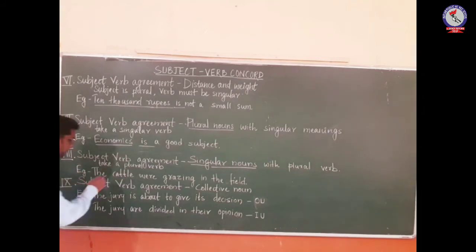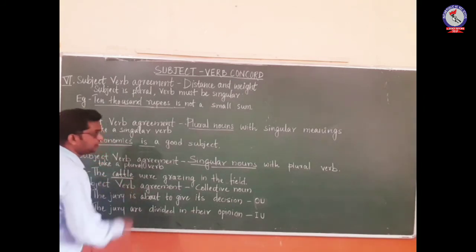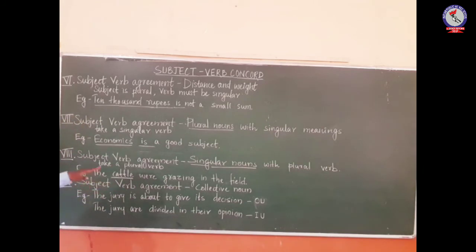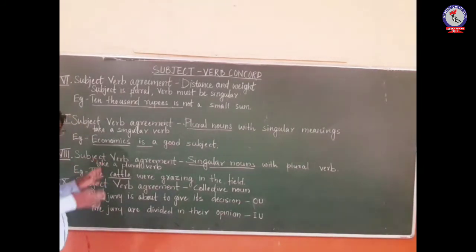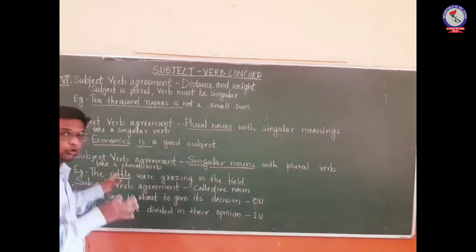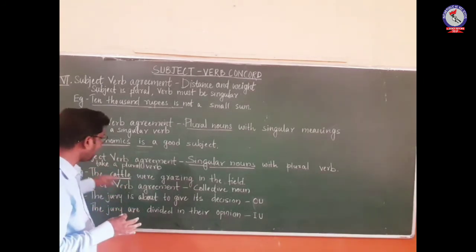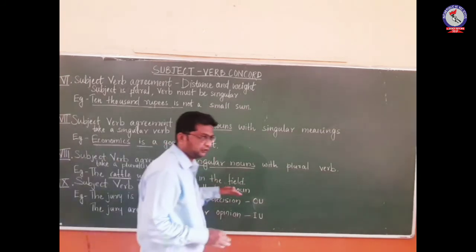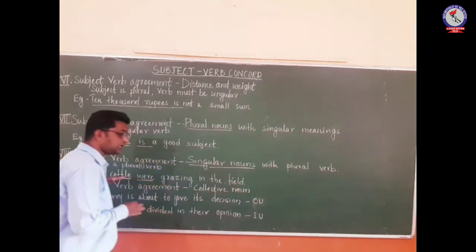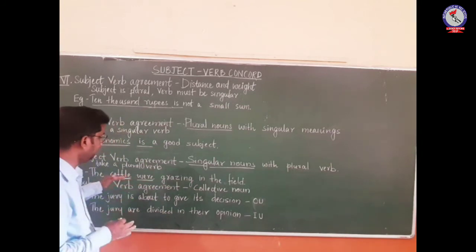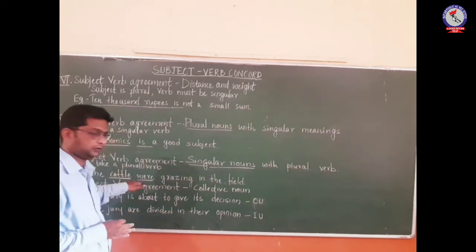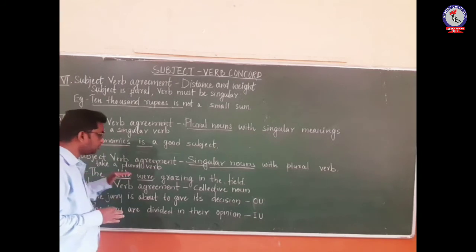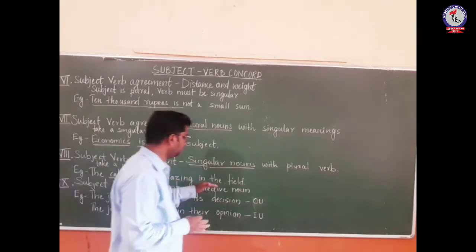The cattle. You see, cattle shows us the singular noun, but it represents a class. It represents a group. So the cattle were grazing in the field. Because it represents a class or a group, we have used a plural verb.